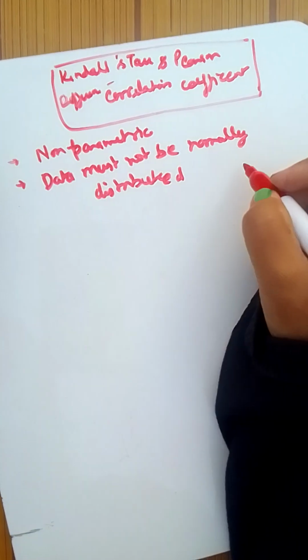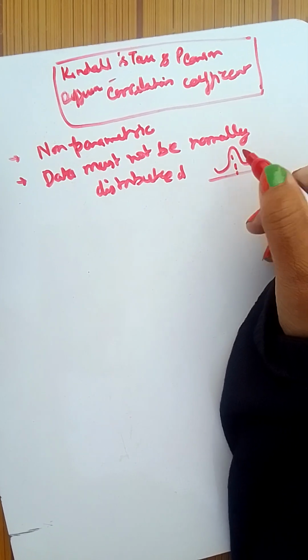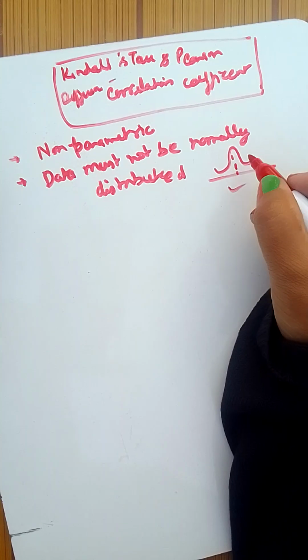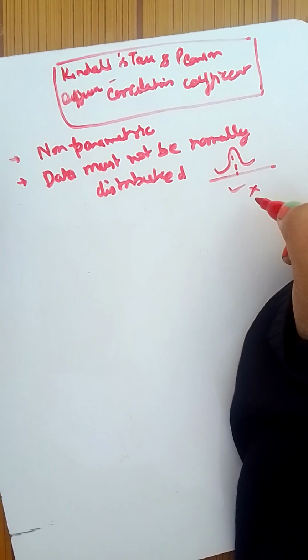Fine. And what is normally distributed data? If the graph came like this, then by just seeing the graph we cannot apply Kendall's tau, that here Kendall correlation or Kendall's tau can't be applied.